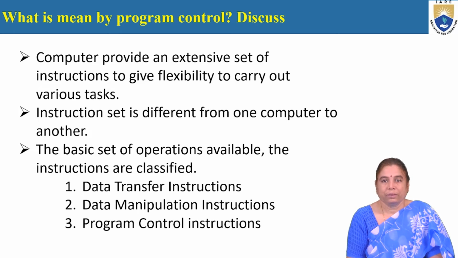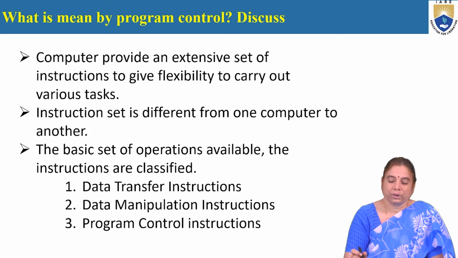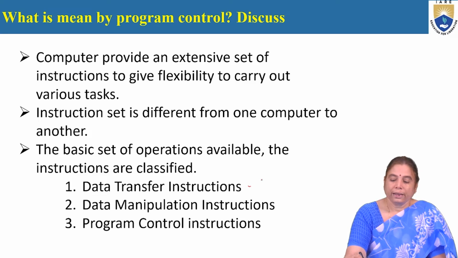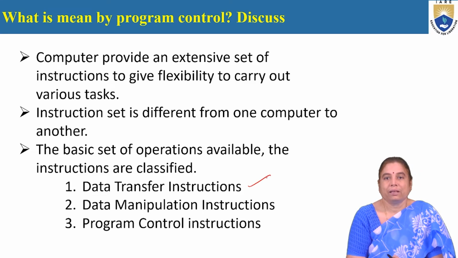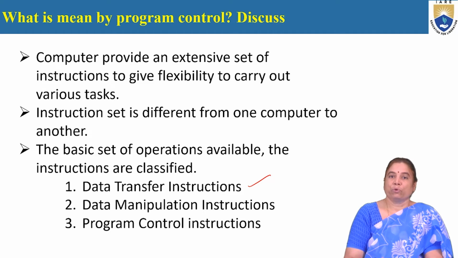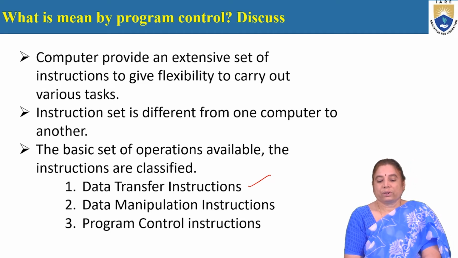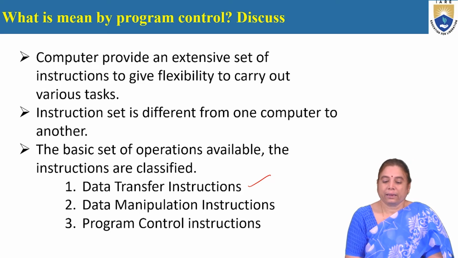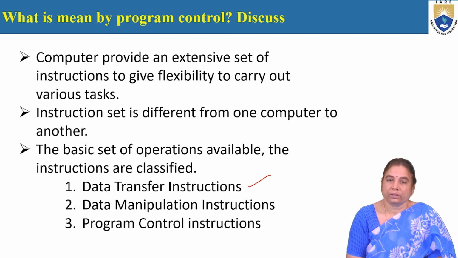Data transfer instructions are used to transfer the content from registers, or from registers to memory. The content can be transferred without changing the content. Generally, an example is MOV, move. Those instructions come under the category of data transfer instructions.